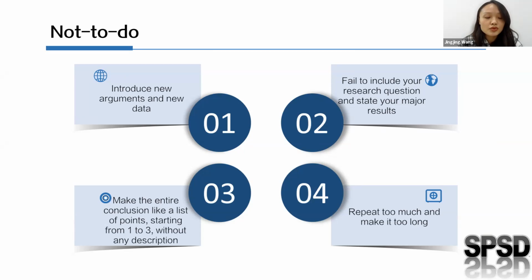One thing to note is that maybe your conclusion can be summarized in several points. You cannot make the entire conclusion a list of points, starting from 1 to 3, without a description or introduction in this section. You can list a significant idea and recommendations, but you have to make them simple and concise in your text.